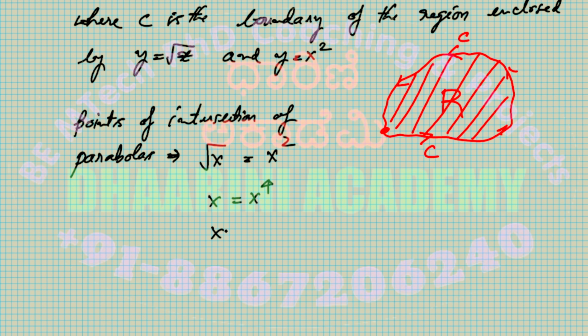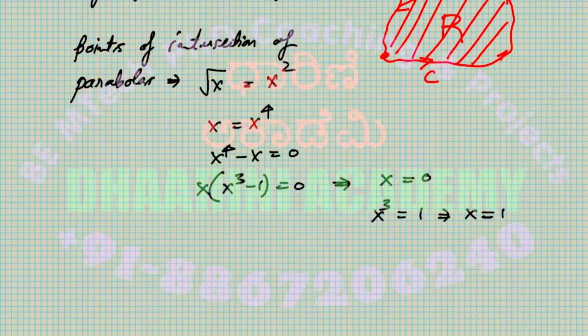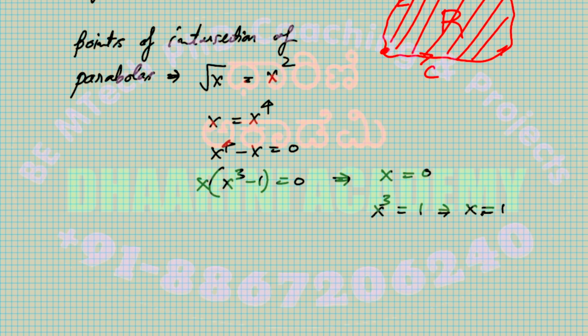So x to the power 4 minus x equal to 0. So take x outside, x cube minus 1 equal to 0. So I get one of the roots x equal to 0, correct? So when you say x cube, other option is x cube equal to 1, right? So this says that x equal to 1. So I understand that x equal to 0 or x equal to 1.